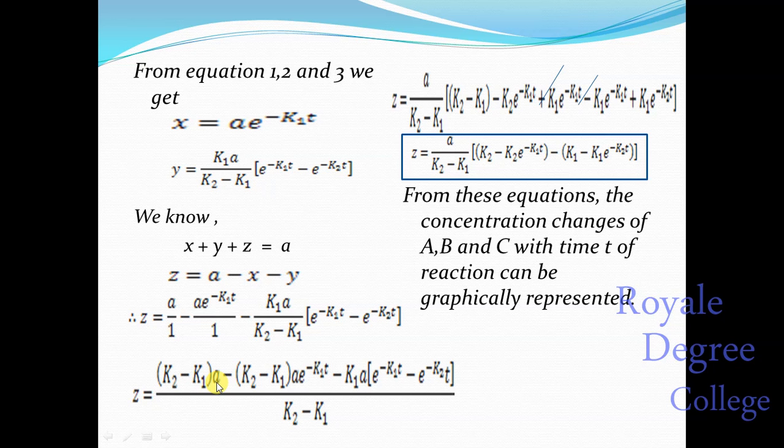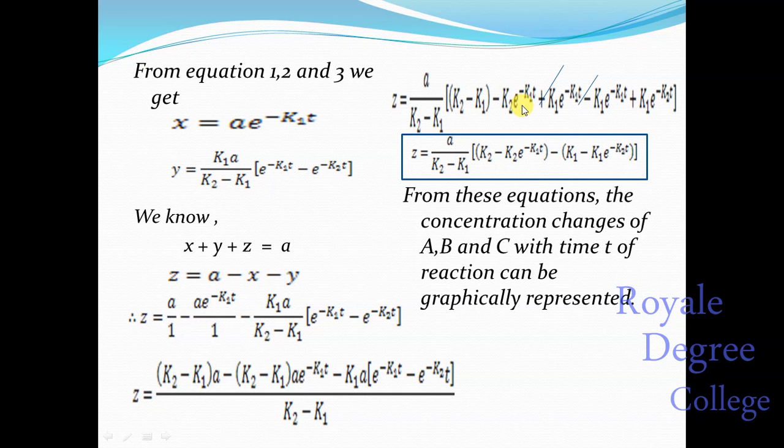Now in the next step, A is there in every term. We keep A as common and take it outside: A by k2 minus k1. Then we write k2 minus k1, then minus k2, which we open and multiply. K2 a, we are not writing a, because we have already taken A as common. So k2 e to the power minus k1t.